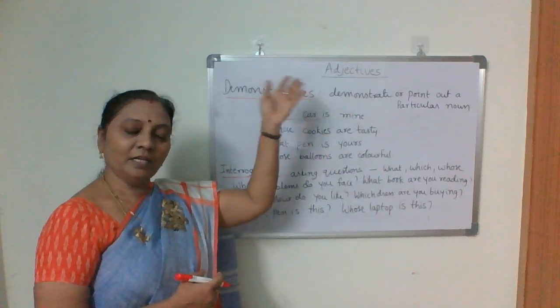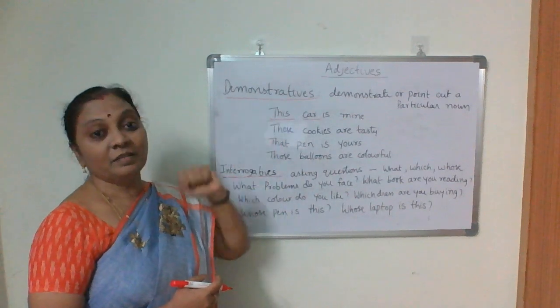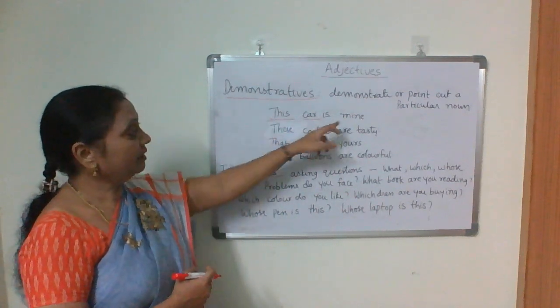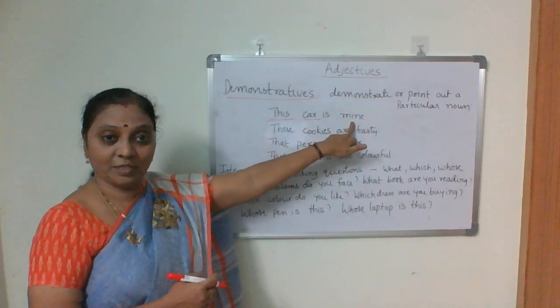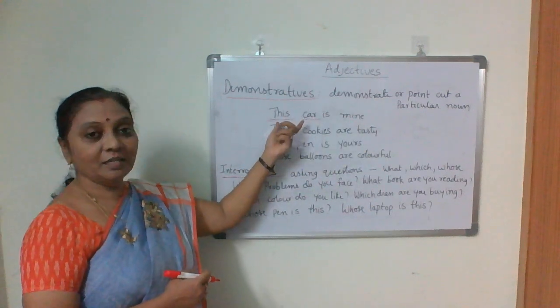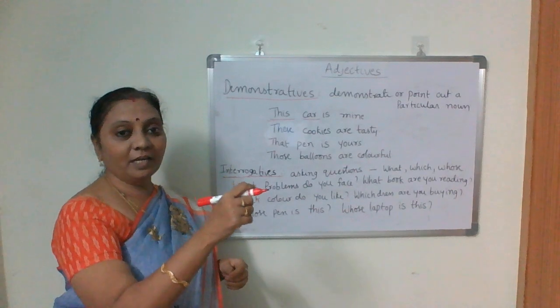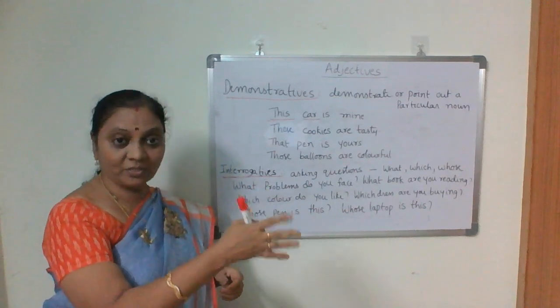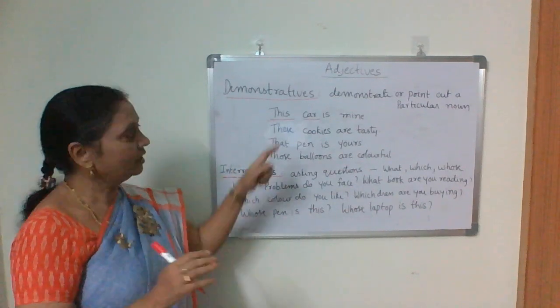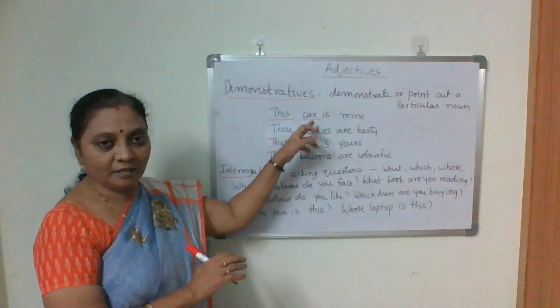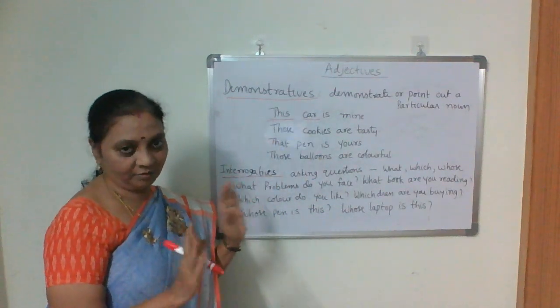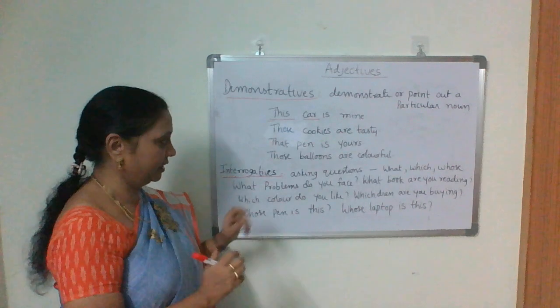My car talks about possessive adjective, and here mine talks about possessive pronoun. This car is a demonstrative adjective. This is my car. This becomes a demonstrative pronoun. So no confusion. Here you just understand that it is followed by a noun. If you just remember that, it is enough.